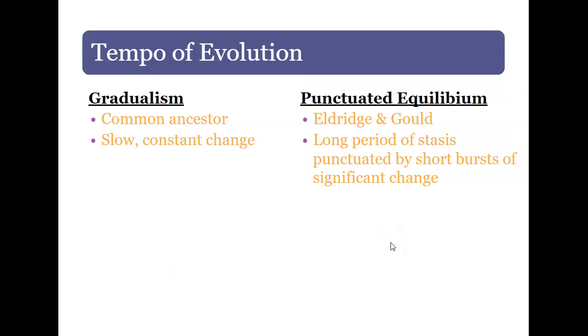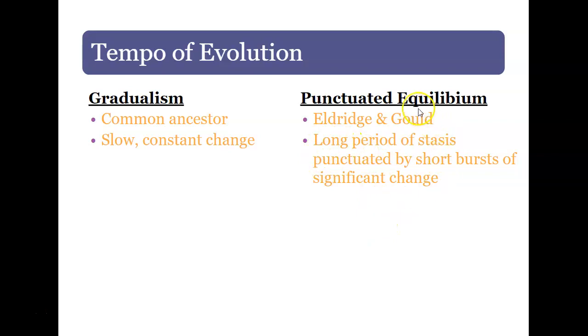Okay, so in terms of time of evolution, we've talked previously about gradualism with the idea of slow, constant changes over time, where there's a common ancestor. But then we just talked about this adaptive radiation idea, where maybe there's an extinction and now we have all of these new environmental areas open for organisms to come in and speciate.